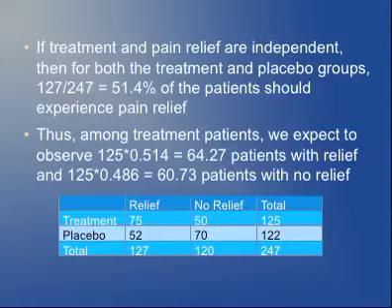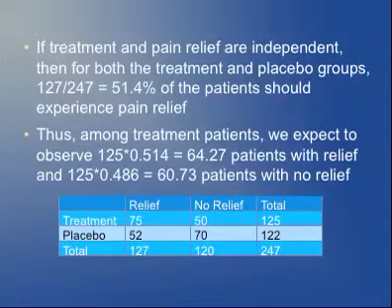In other words, 51.4% of the people experienced pain relief. So among patients in the treatment group, we would expect, of the 125 total patients, 51.4% of them to experience pain relief. So 125 times 0.514, we would expect about 64.27 patients with pain relief, and 125 times 0.486 patients to not experience pain relief.